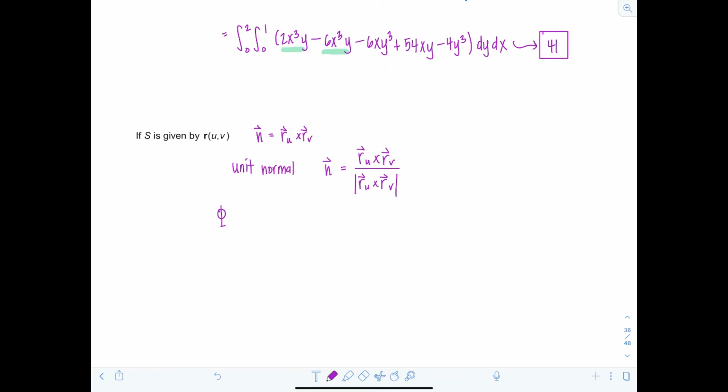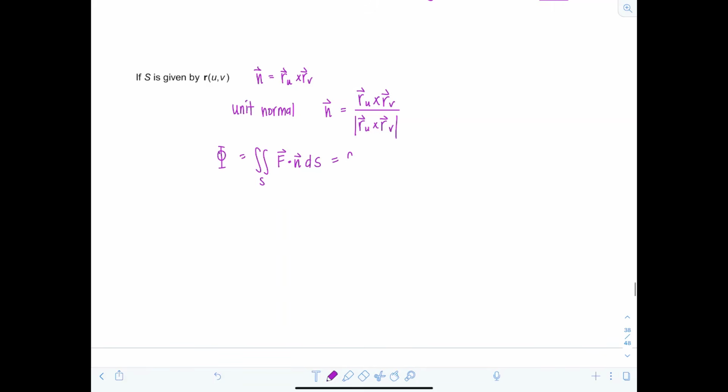And then our flux is going to be, again, the surface integral of F dot n dS, which becomes a double integral over the region D. You redefine F in terms of u and v, dot it with, okay, this is n, yes? So we're going to dot it with partial u crossed with partial v over the magnitude of that cross product.